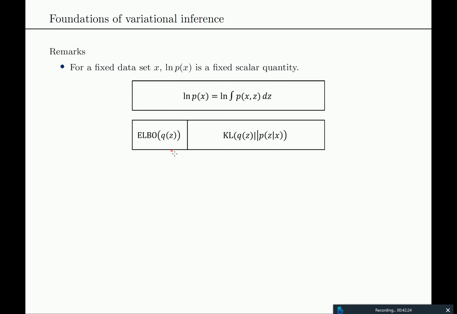And this number is always positive, so this number is always smaller or equal to this number. That's the importance of this decomposition, together with the non-negativity of the KL divergence.